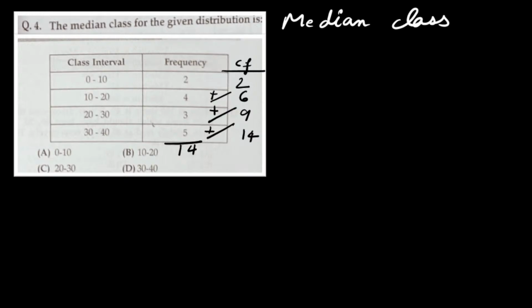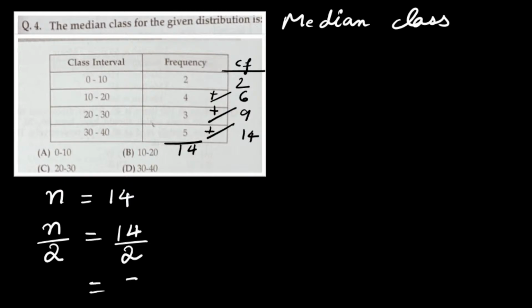How to find median class now? See, now 14 is the total of the frequencies. So I can say n is equal to 14. So n by 2 I have to find. n by 2 is equal to 14 by 2, which is equal to 7.